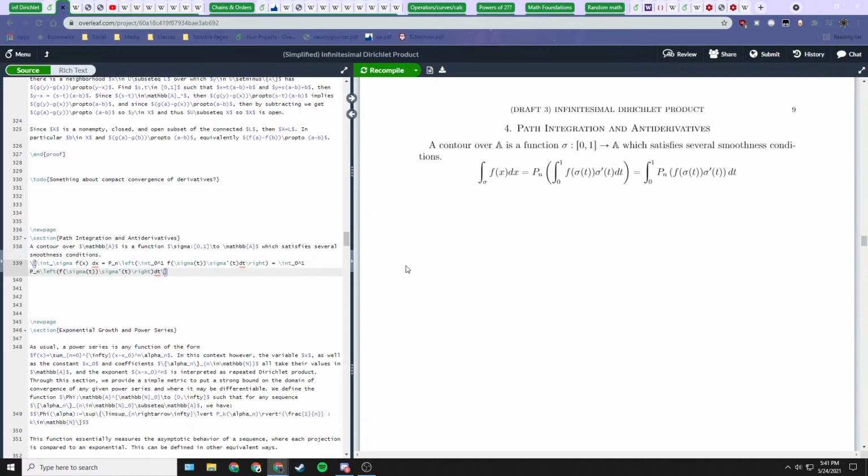We could actually probably sidestep the problem of defining a contour sigma by just saying, for any contour sigma mapping the interval to A, which is continuous, let it be required to have all these things be defined.